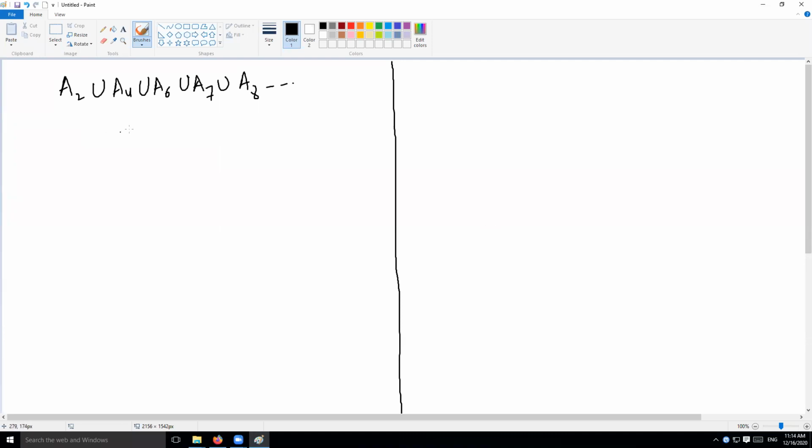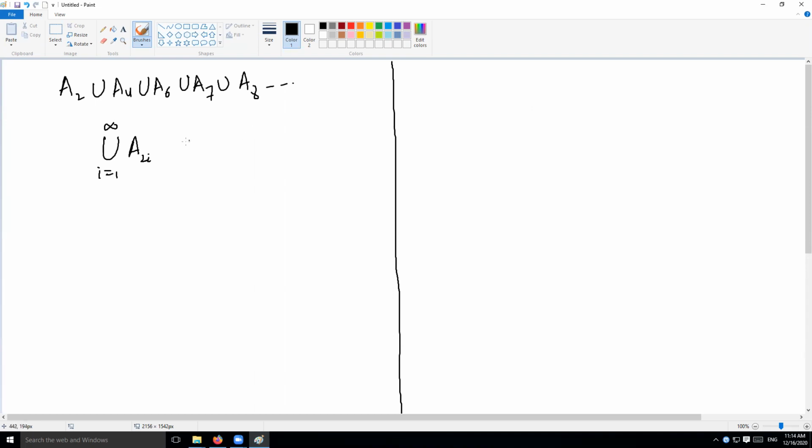How are you going to write it? One way could be that I am taking the union of A2i's, where i goes from 1 to infinity. You agree with me? I can write it in this manner.